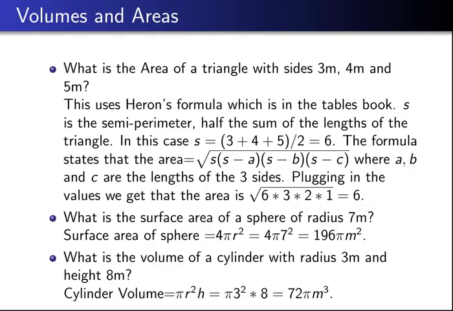We look up the expression in the tables book, and so the cylinder volume is pi r squared h. Now just plug in the values. So r is equal to 3, h is equal to 8. So that's equal to pi, 3 squared times 8. 3 squared is 9, 9 times 8 is 72. So it's 72 pi meters cubed.